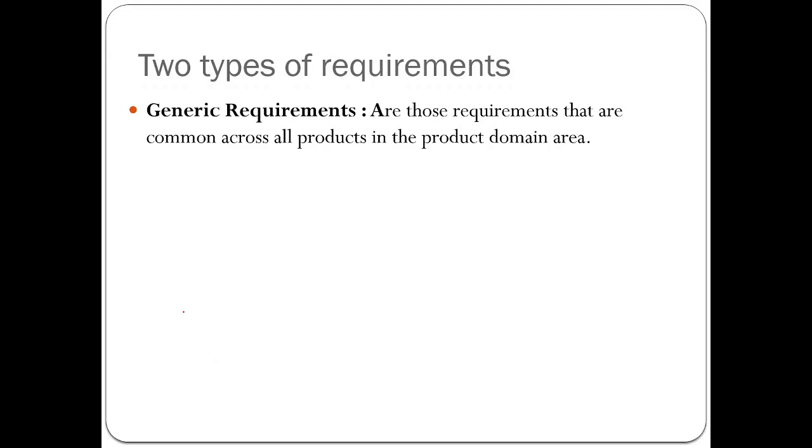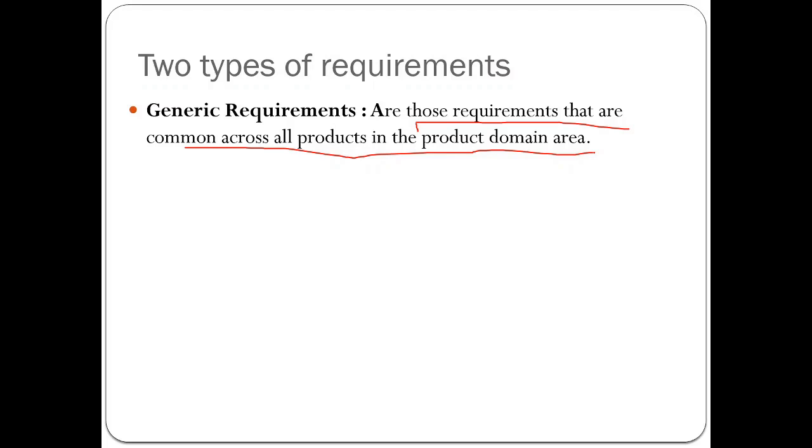And there are two types of requirements you need to consider for this performance testing. First one is generic requirements. Generic requirements are those requirements that are common across all products in the product domain area.